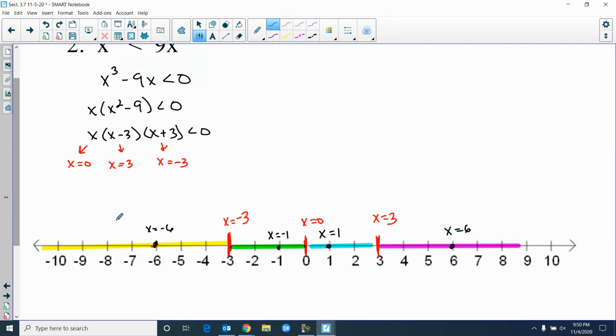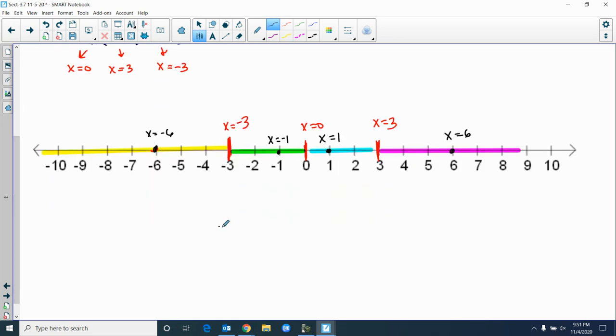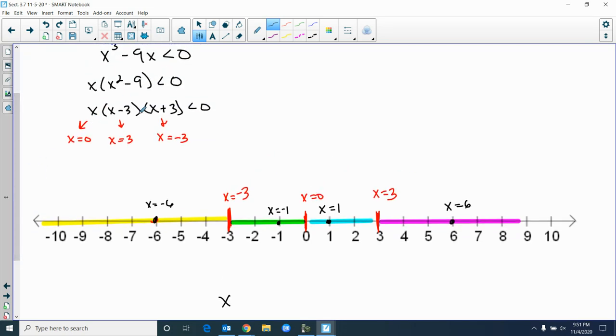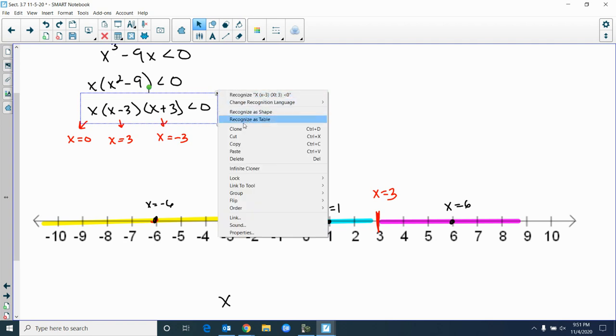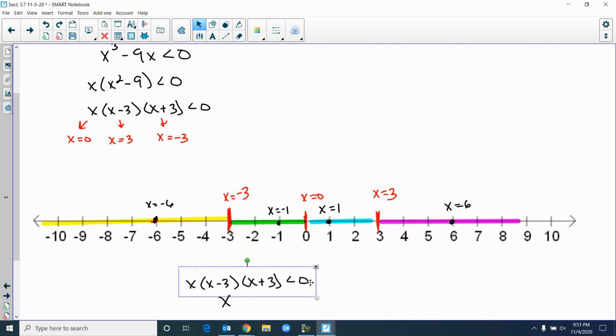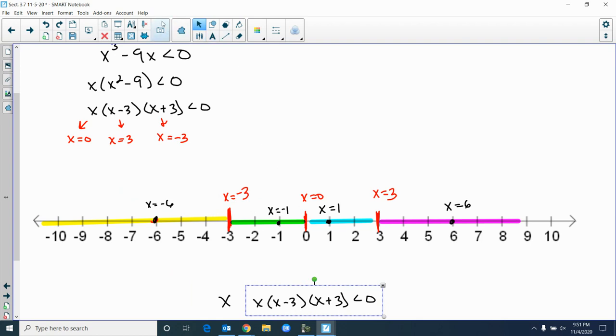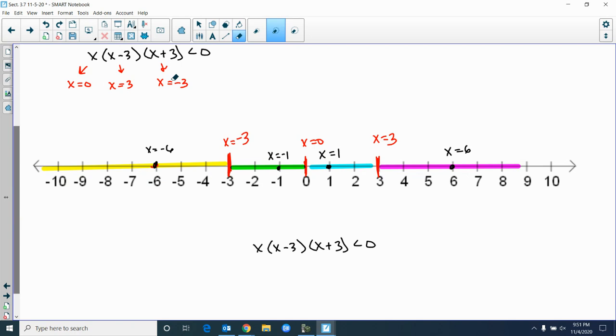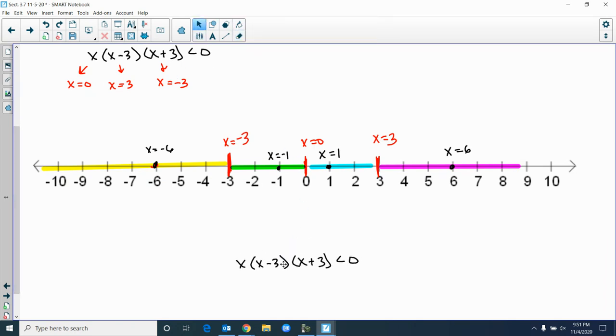And I'm just going to check to see whether I get a positive or negative, plugging it into the x. Okay, and take your test point.